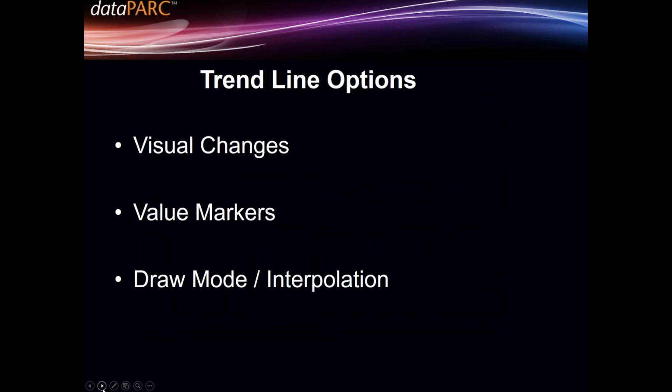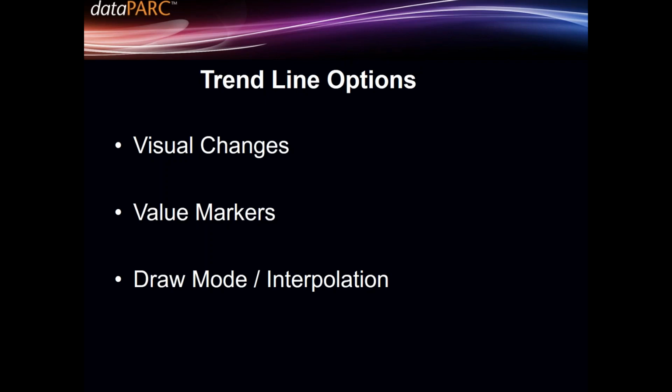So trend line options, what are we going to talk about here? So the first category of trend line options is related to visual changes. So that would be things like changing the color of the tag, changing the color of the trend line, line thickness, line markers, which I'll talk about.